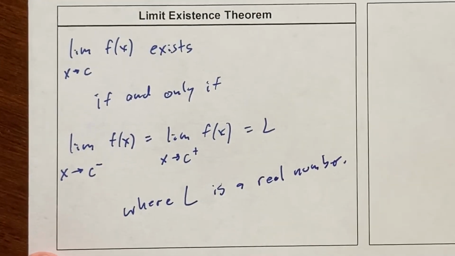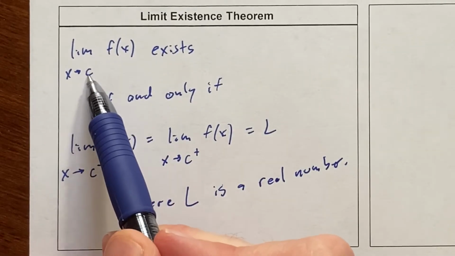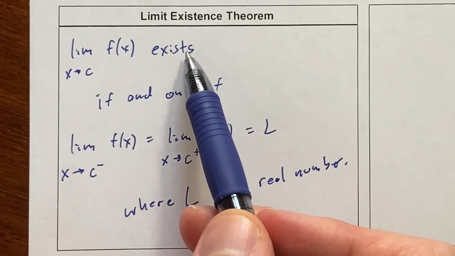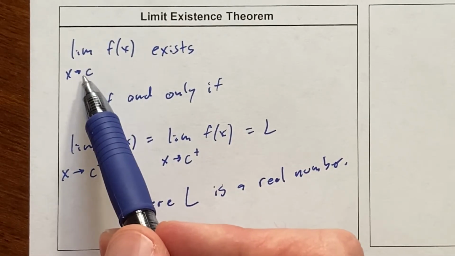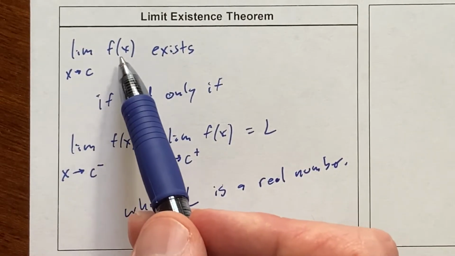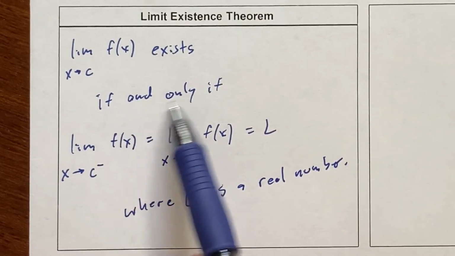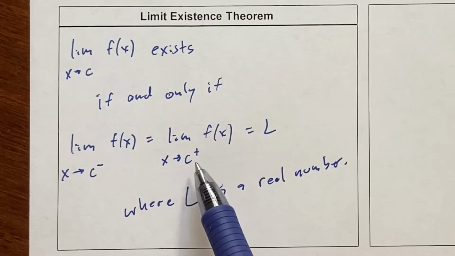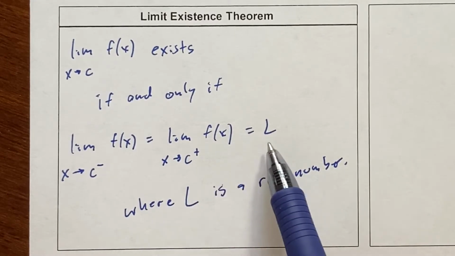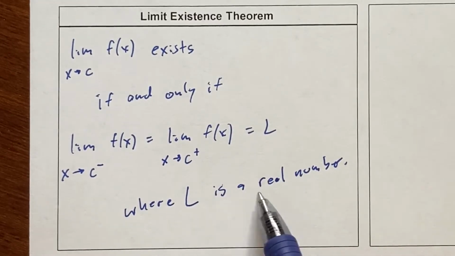Okay, I've got the limit as x approaches c of a function exists. Okay, so just a number, not from the left or the right. The limit as x approaches c of a function exists if and only if the limit from the left is equal to the limit from the right, and that's equal to a real number.